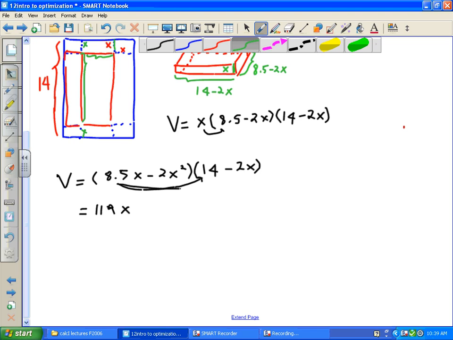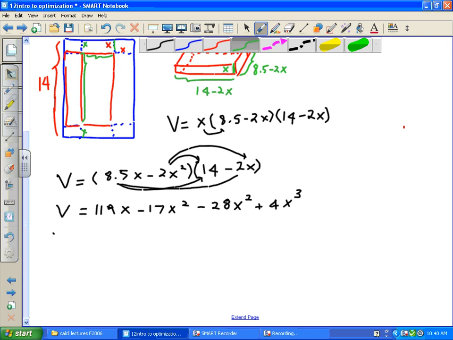Then do 8.5x times negative 2x. Negative 17x squared. Then do this times that. Negative 2x squared times 14. That's negative 28x squared, right? And then do the last ones. Negative 2x squared times negative 2x, which is positive 4x cubed.